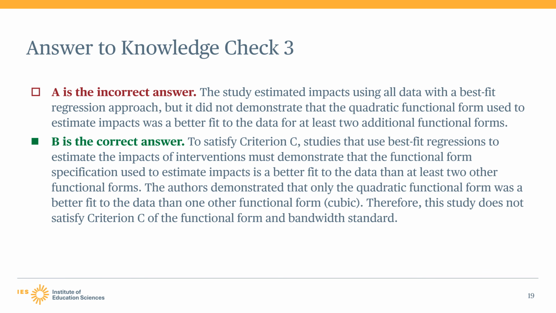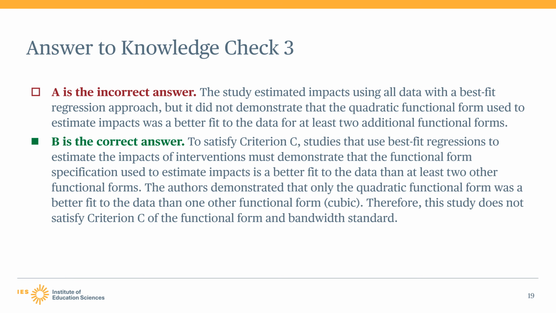The correct answer is B. Based on the information provided, criterion C of the RDD standard 4 is not satisfied. For studies that do not use local regression or a related non-parametric approach to estimate impacts within a justified bandwidth, to satisfy criterion C of the RDD standard 4, these studies must demonstrate that the functional form specification, or the best fit regression model, was a better fit to the data than at least two other functional forms.